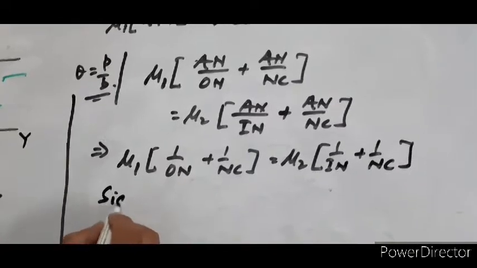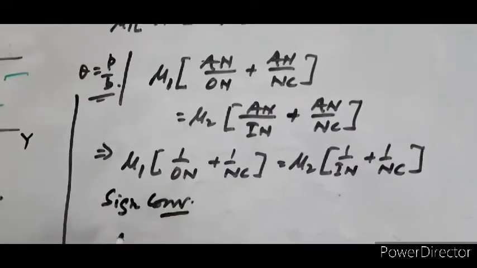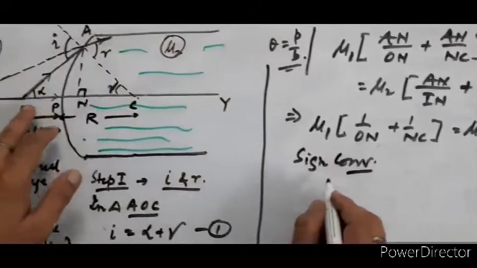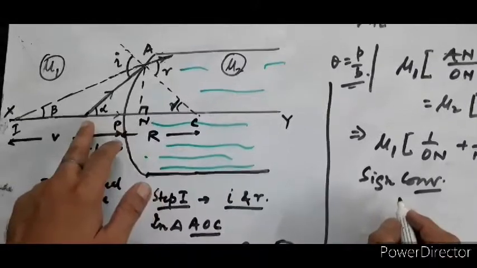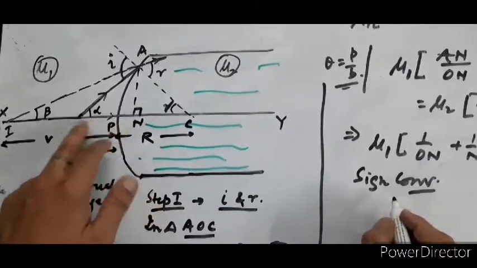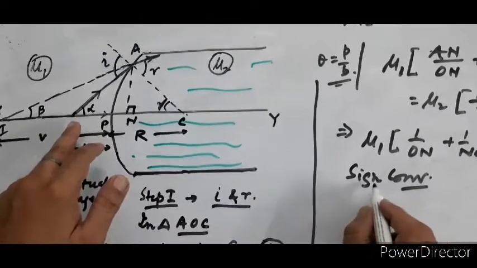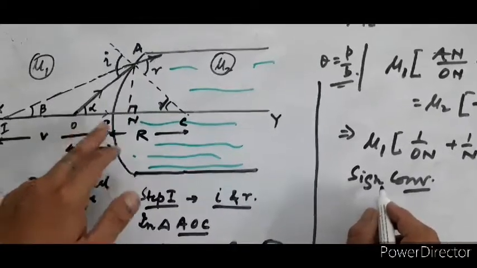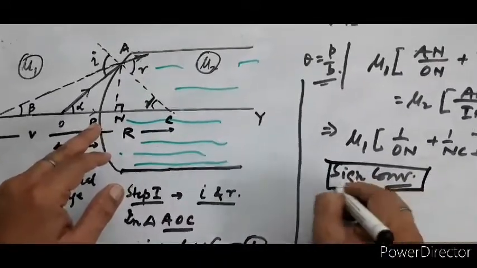Sign convention. Here ON, that particular distance we have taken, is against the direction of the incident ray. However, before coming on to the sign convention, it is better to apply this for the small aperture. Sign convention we have to apply later on.